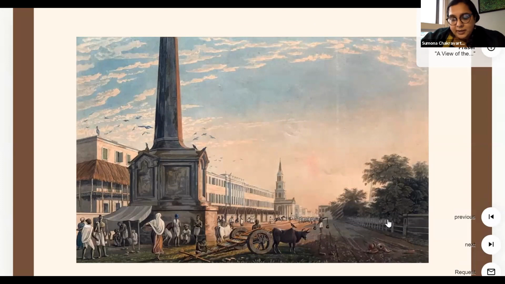Why was this monument built in the heart of the colonial city? Why did the colonizers think the story of the Black Hole tragedy was important? And how did they use it to justify the Battle of Plassey and the colonization of Bengal?